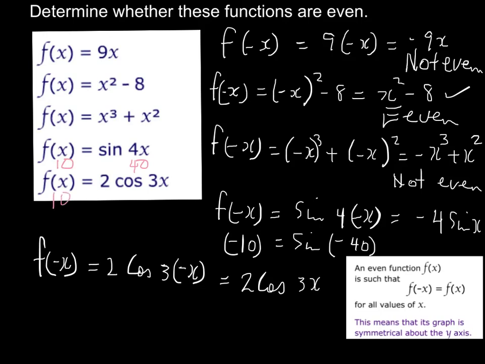If you put 10 there, you're going to get 2 cosine 30. And if you put minus 10 here, that will give you 2 cosine minus 30, and you should get the same as 2 cosine 30. It's the same answer you get there.